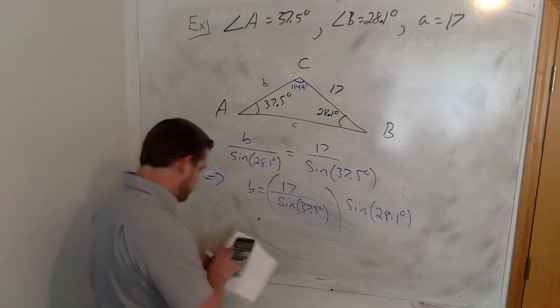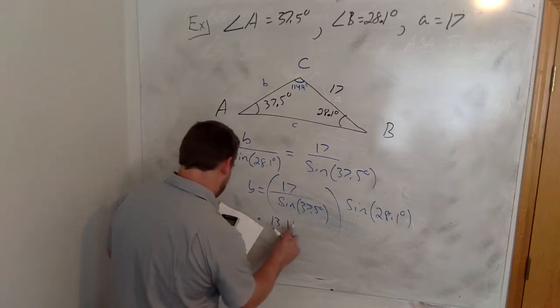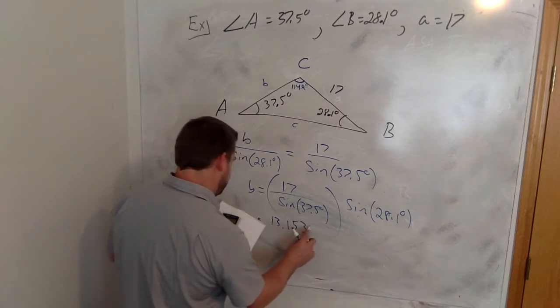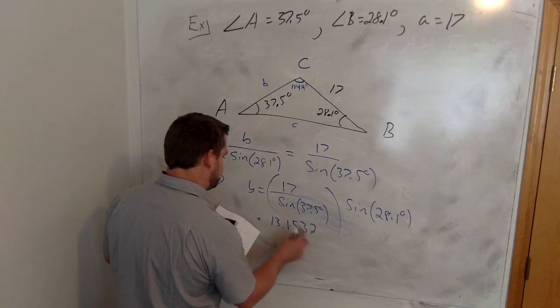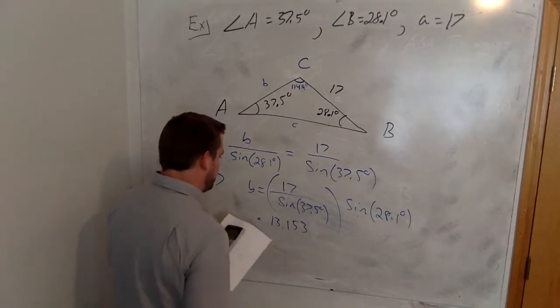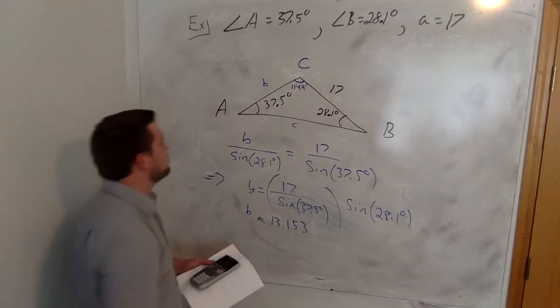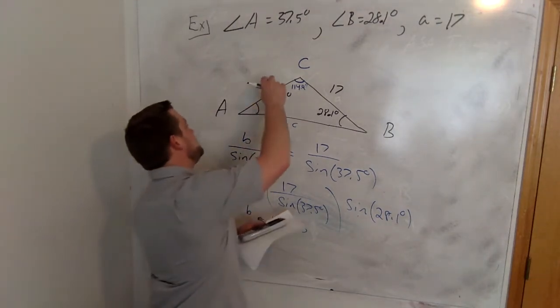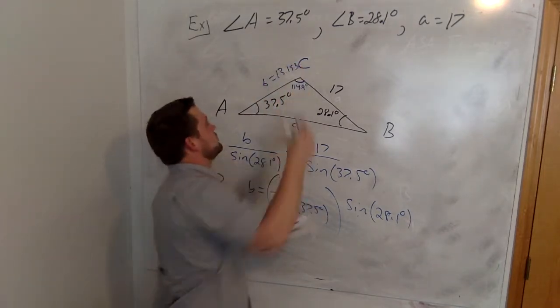For B, I'm getting 13.153, and 2 if I was going out to 4 decimal places. Going to 3 decimal places, since 2 is less than 5, I'll just do 13.153. So side length B is roughly 13.153. Awesome.